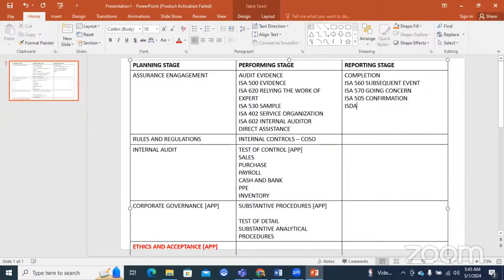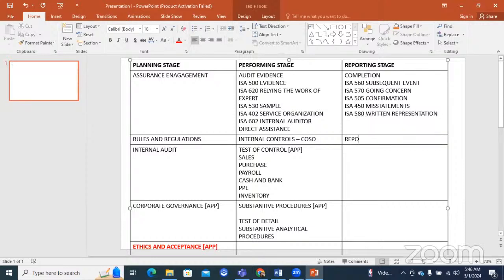And ISA 450, that is about misstatements review. And I can say ISA 580, that is written representation. All these things you might study under what? Completion stage.